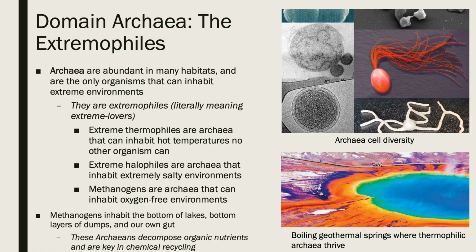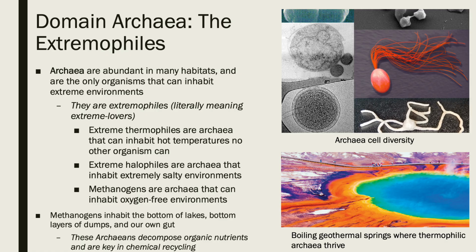But not only are they found everywhere that life is, they are also found in places other life cannot exist. So these are the life forms that inhabit even the most extreme environments on Earth. So that's why they're called extremophiles, literally meaning extreme lovers.